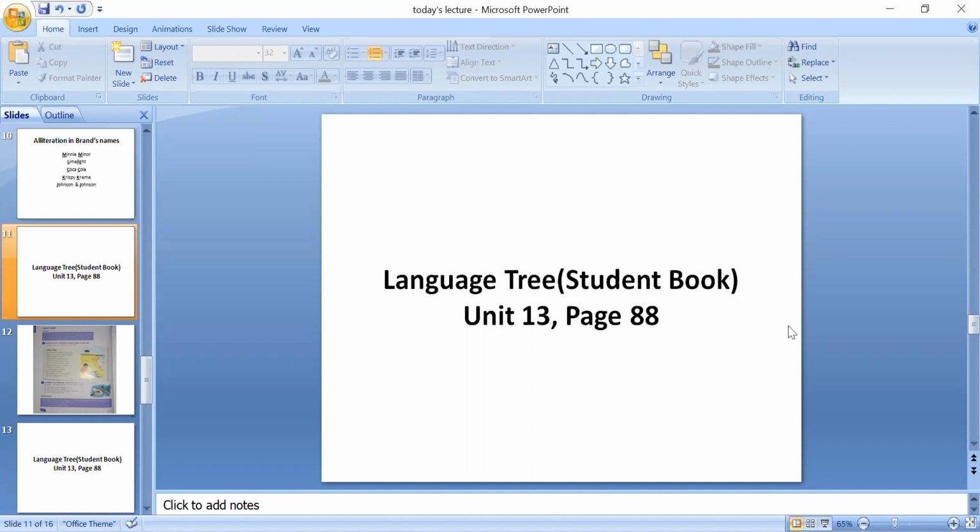You can see on the screen, it's Language Tree Student Book, Unit 13, page 88.